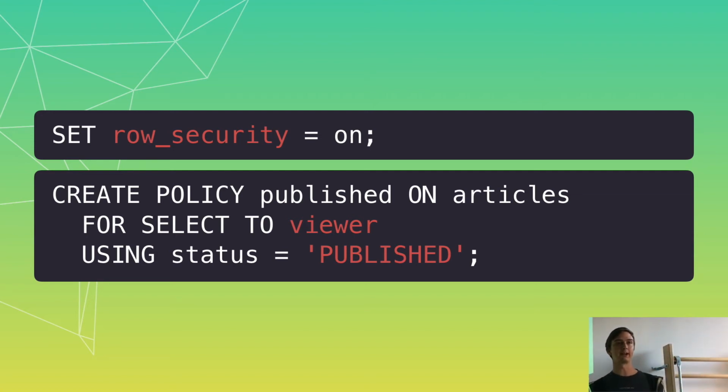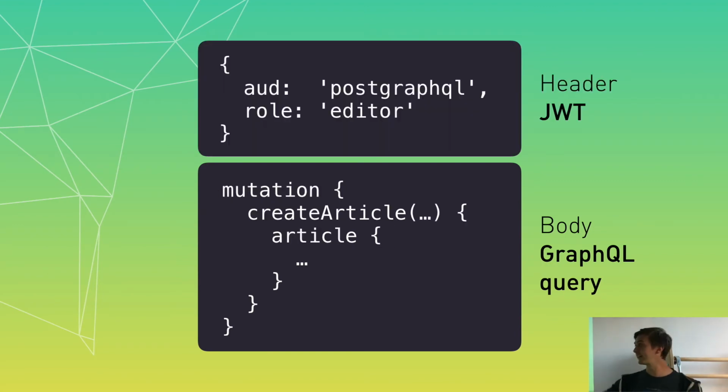It's a little more complicated, but you authenticate with your JWT token here, and not only supply the role but also a user ID, and then you have this user ID available in your database and can use it in your policy to limit access.